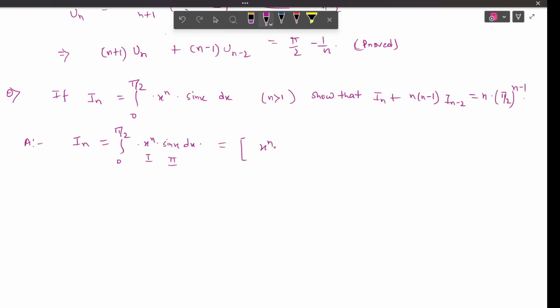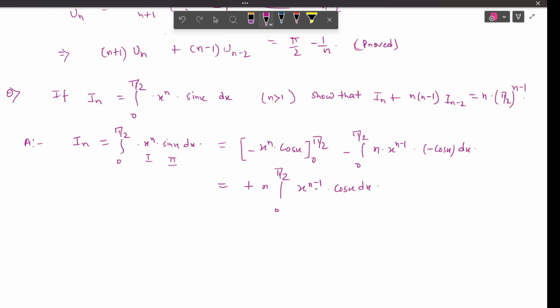So this would be x to the power n, integration of sin x is minus cosine of x from 0 to pi by 2 minus integration 0 to pi by 2 n into x to the power n minus 1 into minus cosine of x dx. So if you put pi by 2, cos 90 is 0 and x is 0, 0. So this whole term will be 0. So this would be minus minus plus n into integration 0 to pi by 2 x to the power n minus 1 into cosine of x dx.